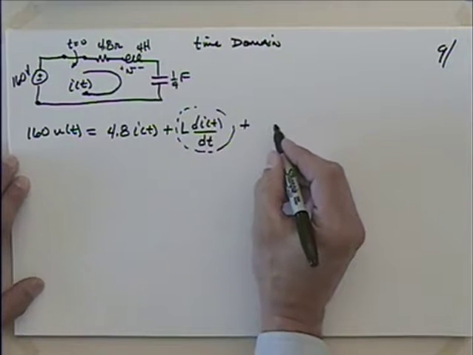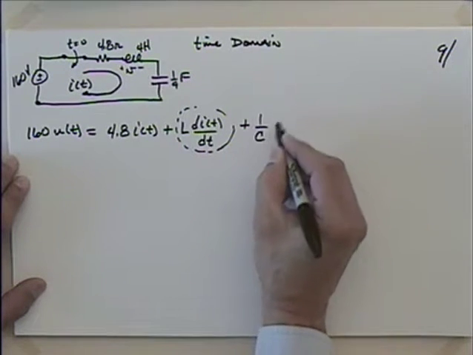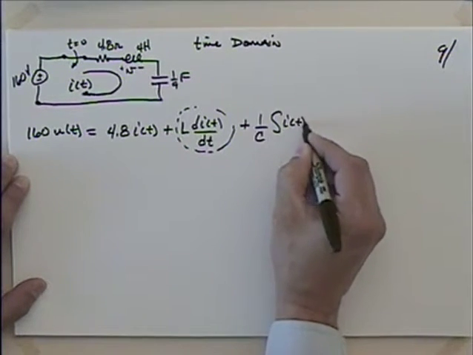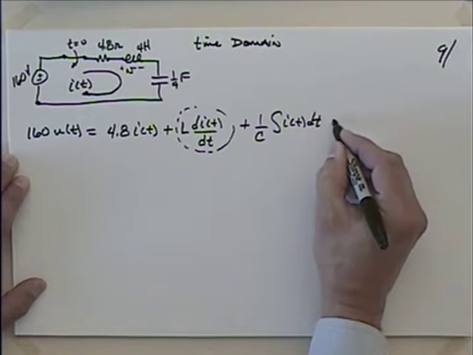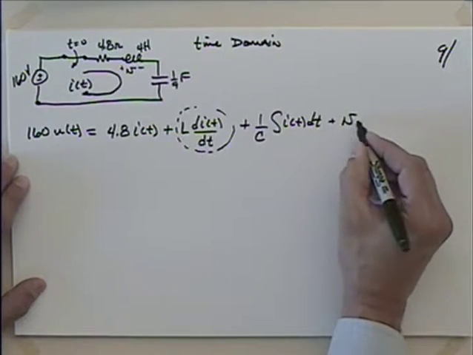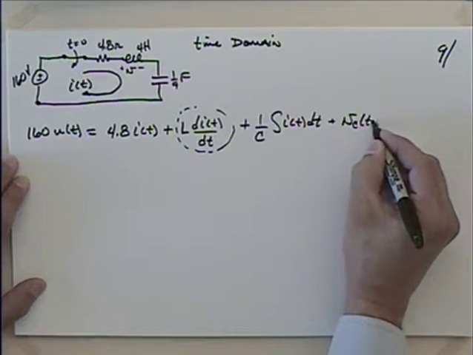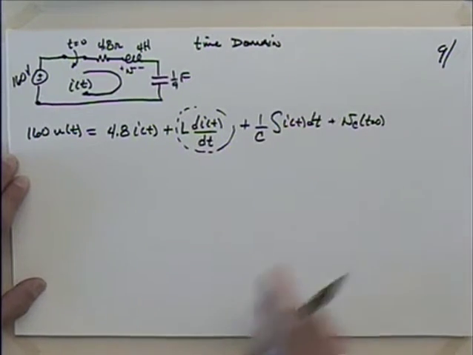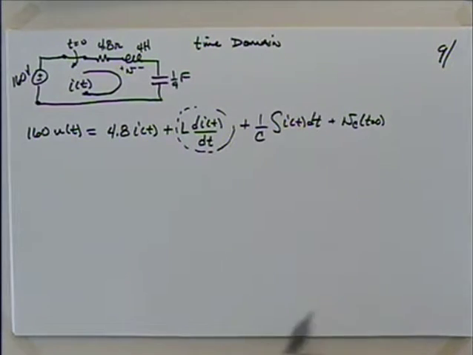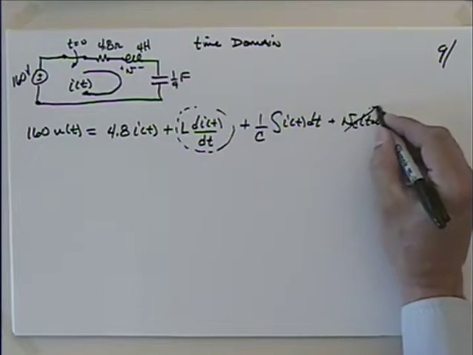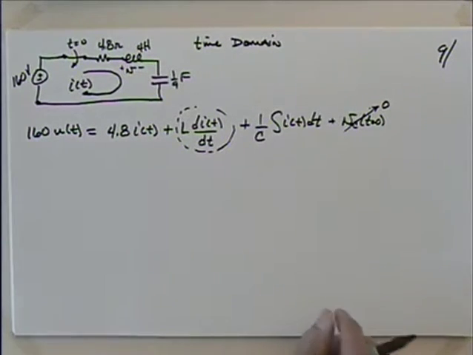And then I need to deal with the drop across the capacitor. I've got 1 over C times the integral of I of t dt. And then I have to add to that the voltage across the cap at t equals 0. We know this is equal to 0 because we had 0 storage.